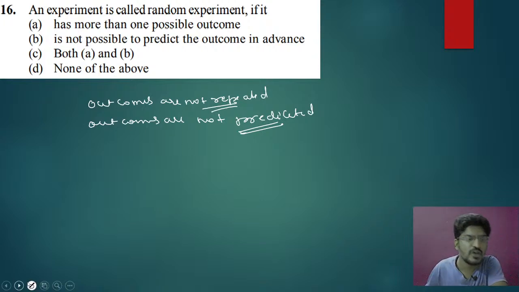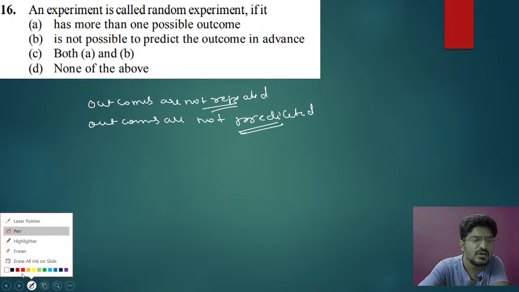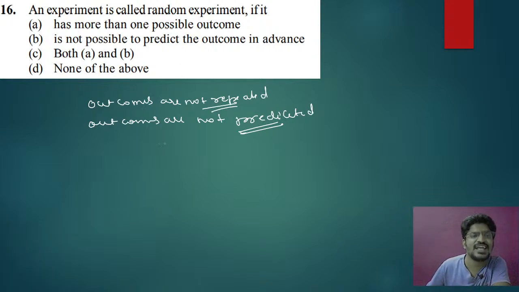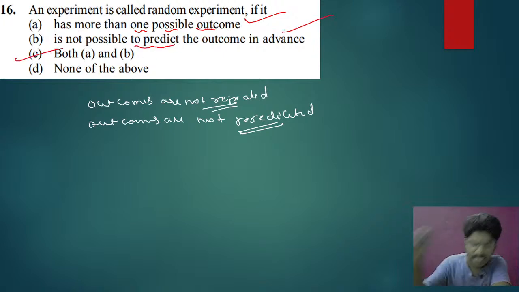So see, the random experiment has more than one possible outcome. This is also correct. Not possible to predict the outcomes. This is also correct. Therefore both A and B are going to be the correct answers.